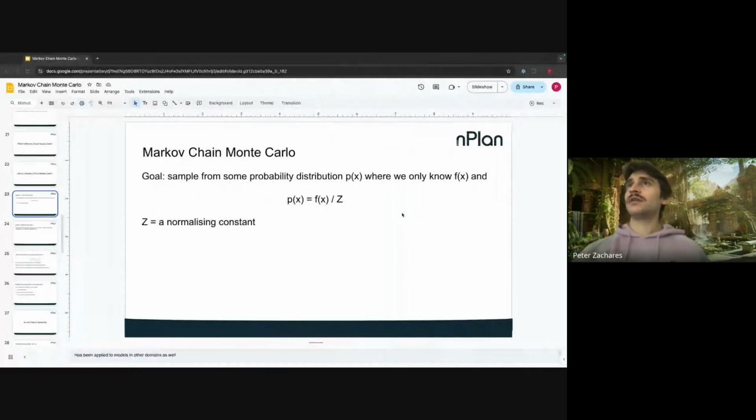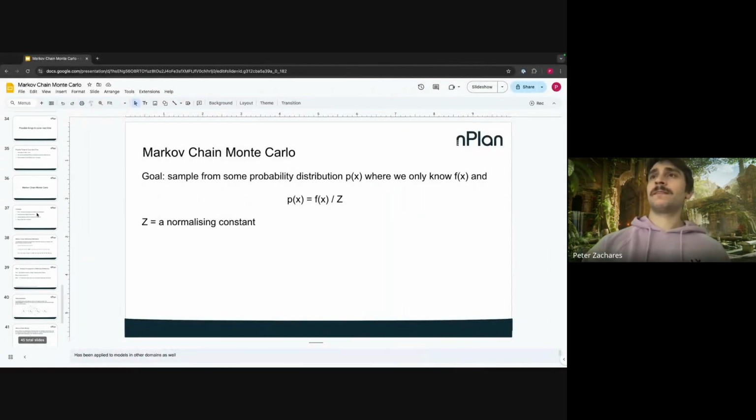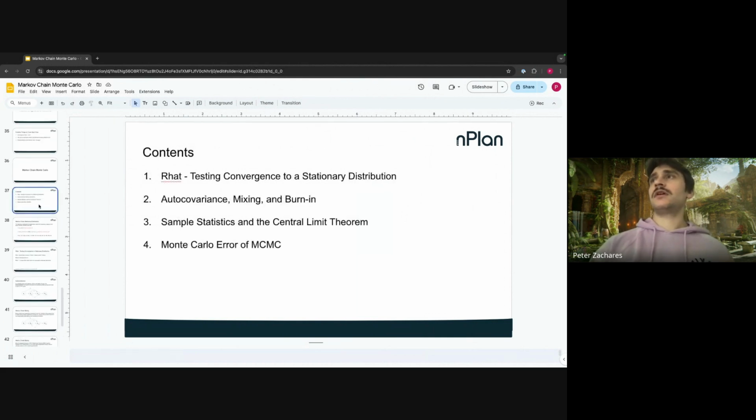For this paper club, I'm going to go through a couple of different things. Last time we said one thing that would be useful to cover this time is how Markov chain Monte Carlo works: you construct a Markov chain, where you sample and then use that sample to calculate your next sample and so on.